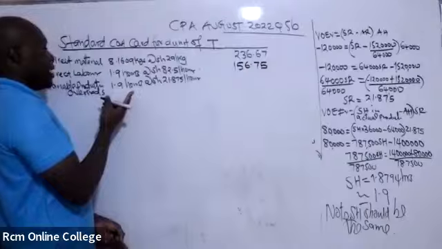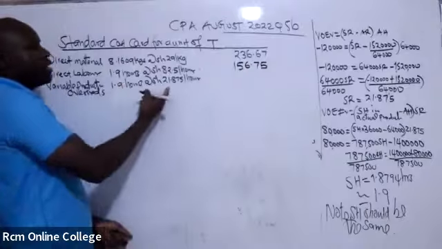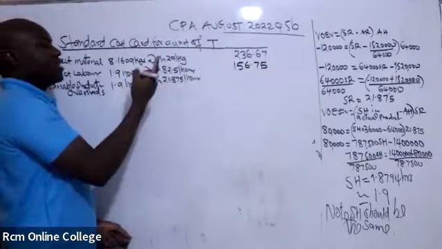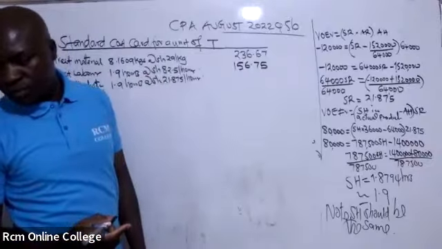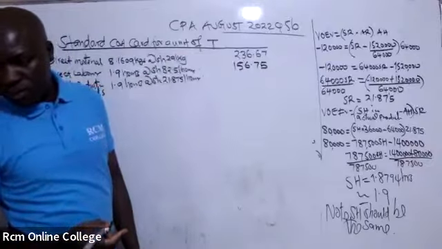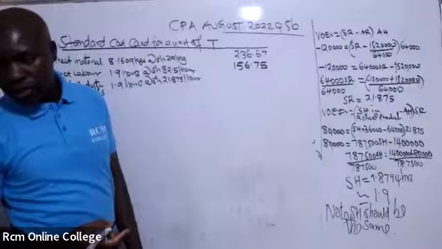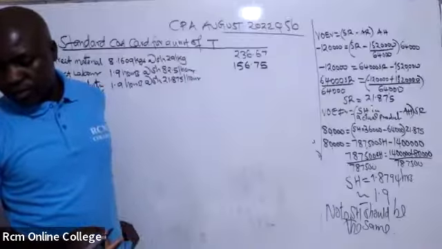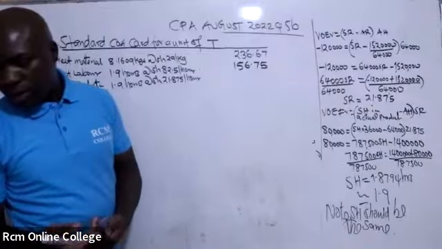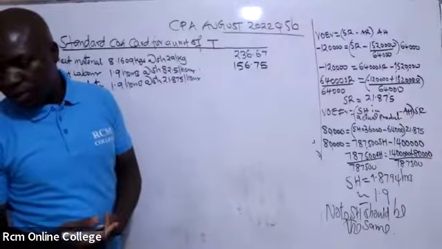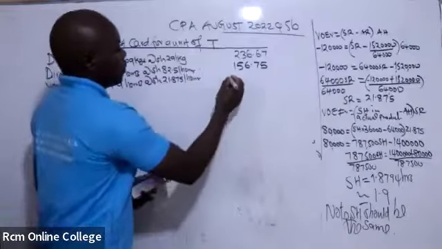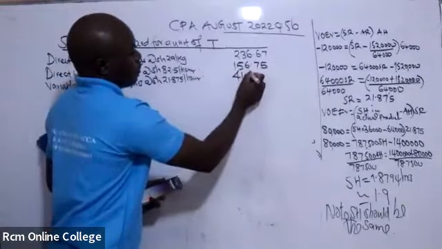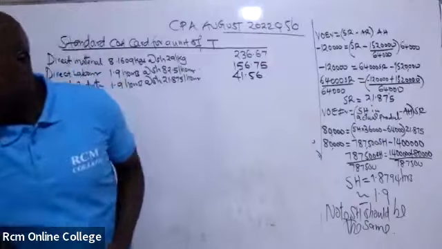Then we go to the last number, 1.9 times 21.875. That will give us 41.56.